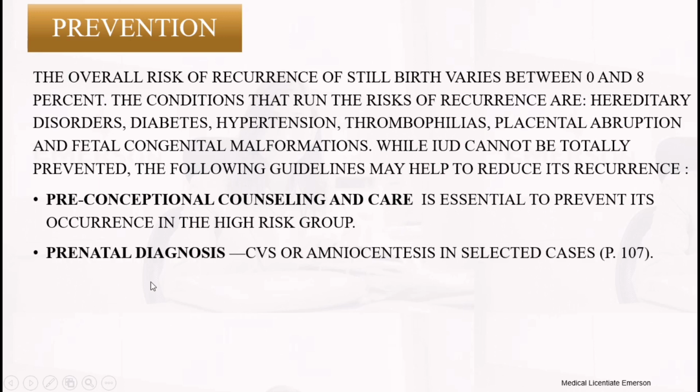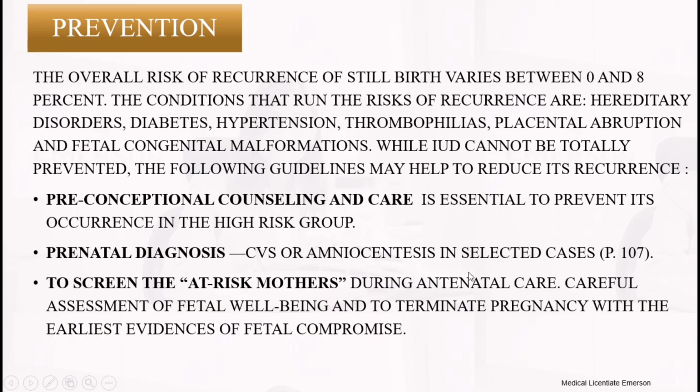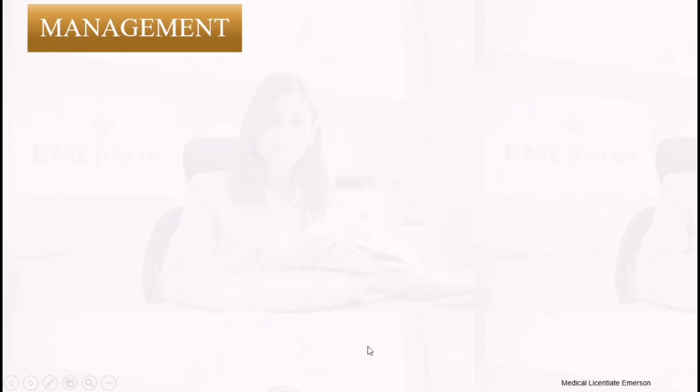Then we have prenatal diagnosis, so CVS or amniocentesis in selected cases. Then we have to screen at-risk mothers during antenatal care, assess fetal well-being, and terminate pregnancy with the earliest evidence of fetal compromise. Then we are done with prevention.